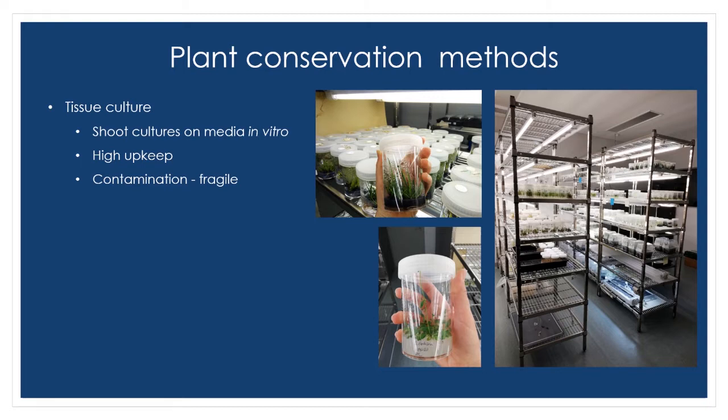One drawback to this method is that because the plants are continuously growing, we have to subculture them into new jars every month or so, otherwise they'll very quickly die. So this is a lot of work and requires specialized training and a lot of time. And these jars can also be susceptible to contamination.